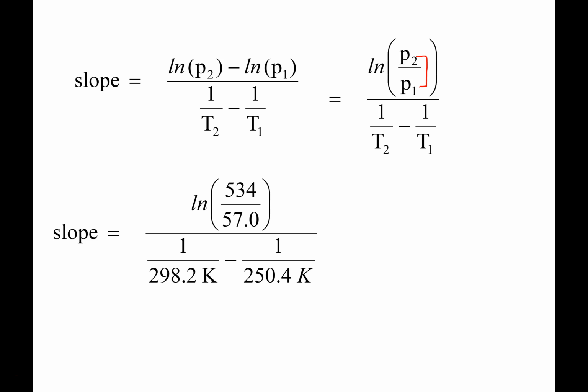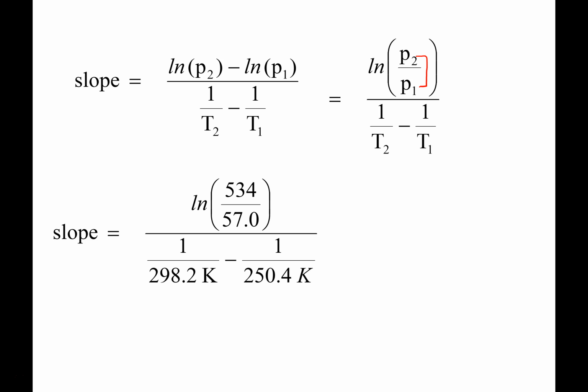Now, if you haven't done many of these, I don't think I'm going to take the time to plug it into my calculator, but if you haven't done much with natural logs or inverses, you might want to crank it out a few times. See if you can get it right. So for me, I take the natural log, begin parentheses, which already gives me parentheses, 534 divided by 57, close parentheses, divided by, how's inverses tracking this?